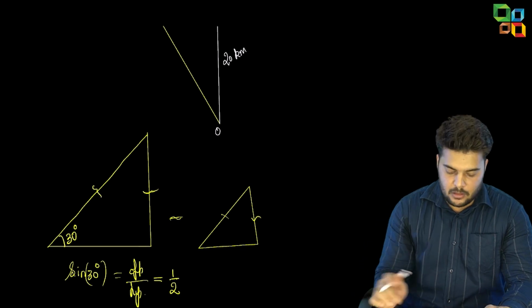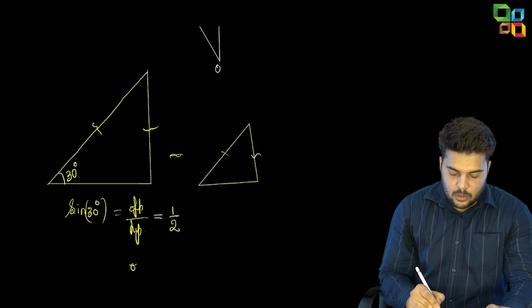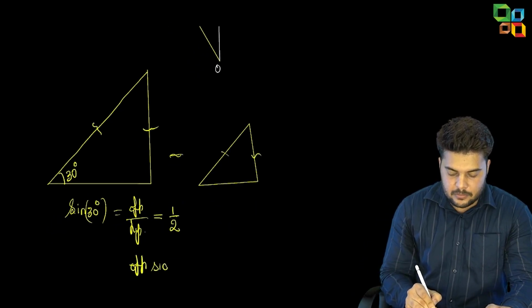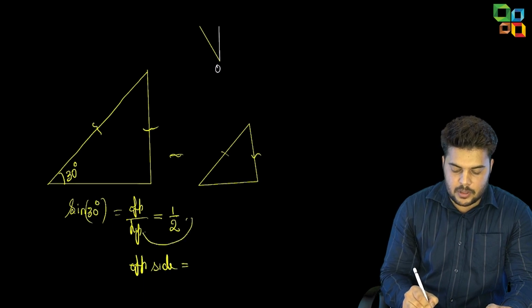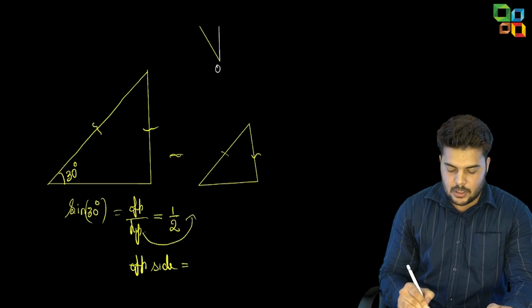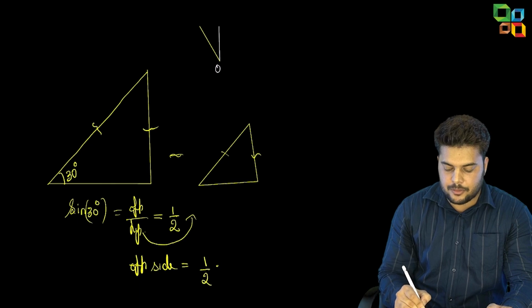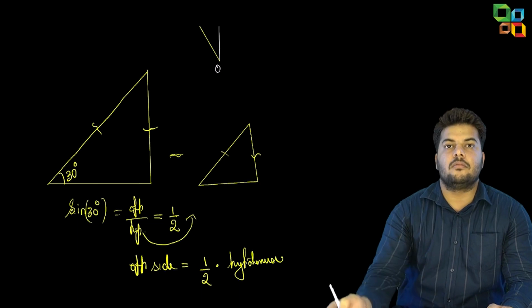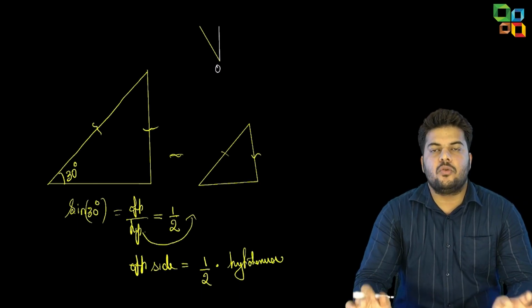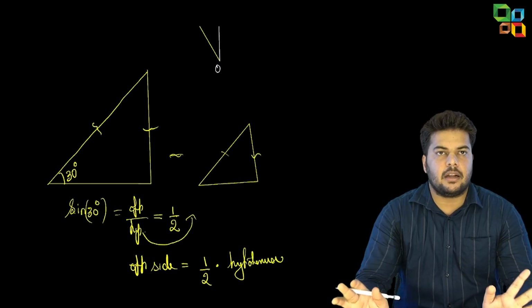What does that mean? It means that the opposite side is equal to half of the hypotenuse. This is true in any 30, 60, 90 triangle.